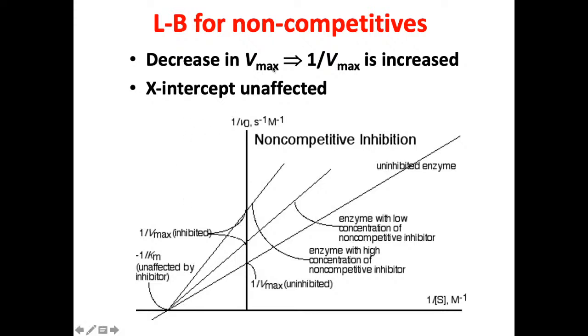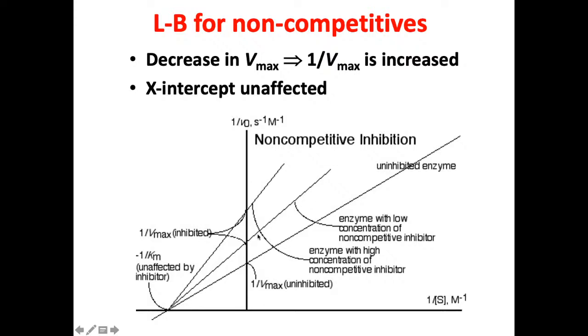So you have your uninhibited enzyme here, and these are the enzyme with the low concentration and the enzyme with the high concentration of inhibitor.